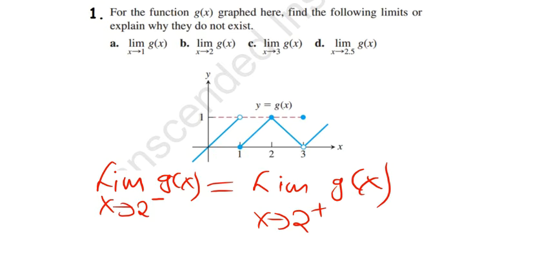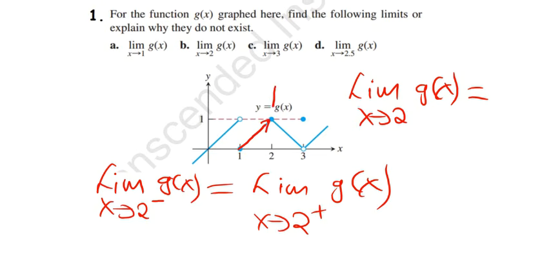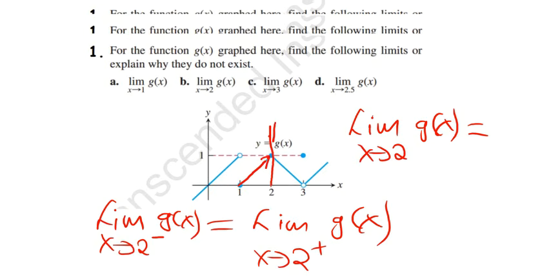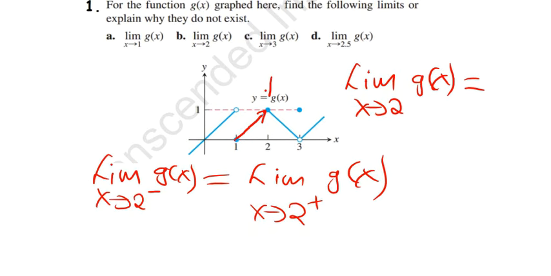So let me give you an example of the point 2. First determine the limit of the function itself, which is x approaching 2 of g of x. We have to analyze the left hand side and the right hand side before the point itself. The point we're talking about is x is equal to 2, which is this line I've drawn. From the left side, as we get closer and closer to this line, we are sure that we are approaching a y value of 1.